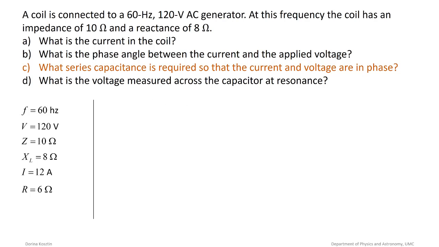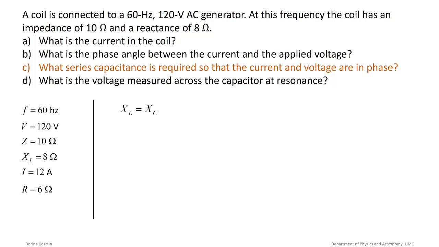In part C of the problem, we need to find the series capacitance required so that the current and voltage are in phase. When the current and voltage are in phase, the capacitive reactance and the inductive reactance are equal to each other.